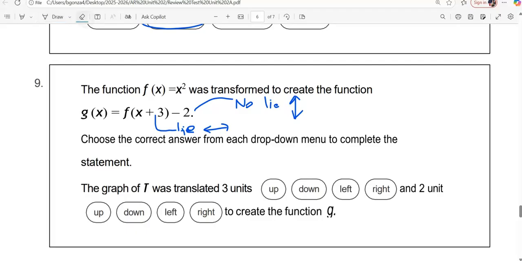Okay, let me make this look nicer for 1 second. All right. So if that says +3 inside the parentheses, it's a lie. It really means -3, which makes it go left 3. And then 2 units which way? Well, -2 is no lie, so it's going to be down.